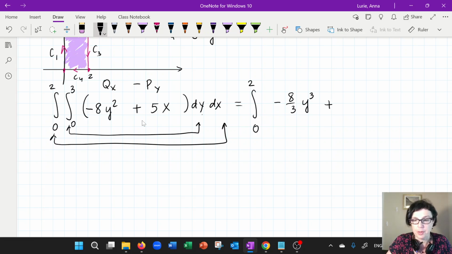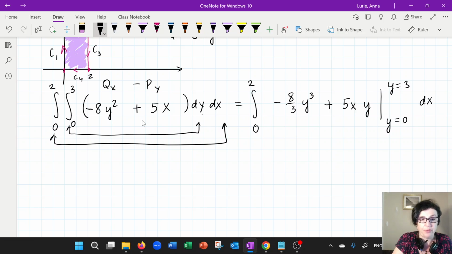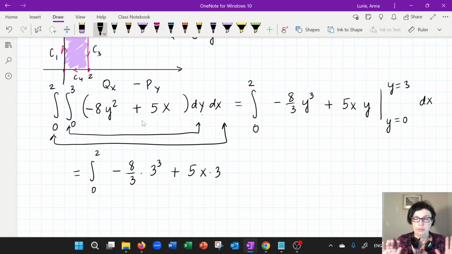Think of it as a number, right? Integrating a number gives number times y. And then I'm substituting y equals 0, y equals 3. It's important to write down what variable you are substituting for, because now you have two different ones. The first term becomes negative 8 thirds, 3 cubed, plus 5x multiplied by 3. Then 0, easy. When I substitute 0 for y, I'll just get 0. There is nothing else there.